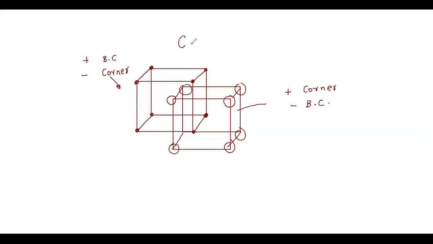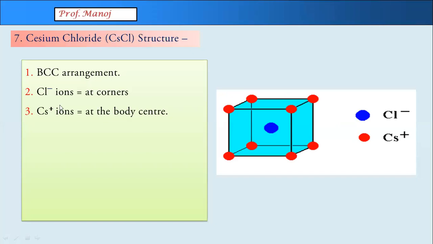Those who need it can draw this diagram, take a screenshot of cesium chloride. So both ways will be right, same only, that's what I'm saying. So I deliberately drew it so you will see different information: the diagram is this way and the description opposite. It's the same thing.